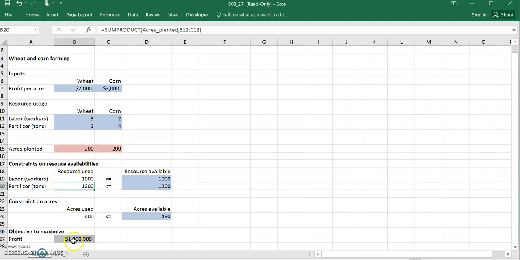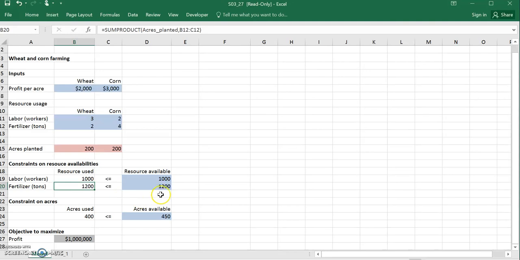Okay. The last thing you need to discuss is the constraints. Depending on how the constraints work out in your model, you can just do a basic listing of these are the constraints. The other thing that you can do is, like in this case, where you had 50 acres unused, I would draw that out separately and discuss that, even though there were 450 acres available, only 400 were used.